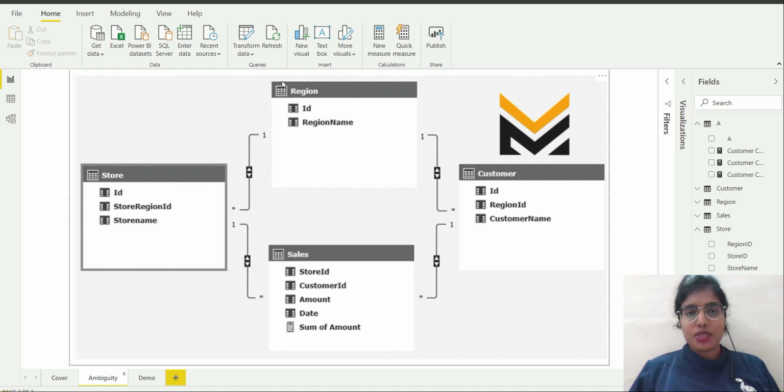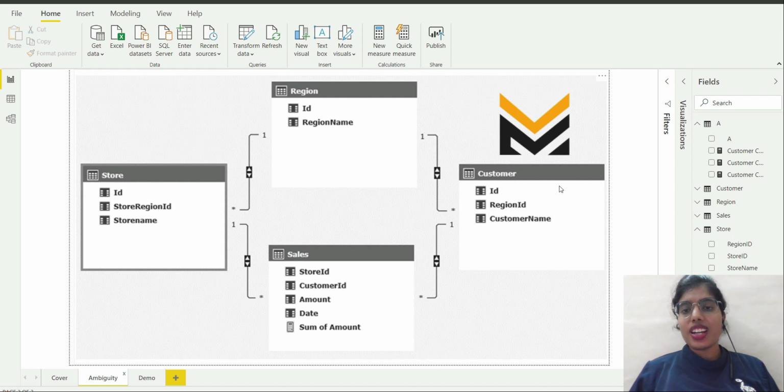In the case of store and sales, again they have a one-to-many relationship. Store is on the one side, sales is on the many side. In one particular store, there can be many transactions, so that is why we are seeing this type of relationship between these two tables.